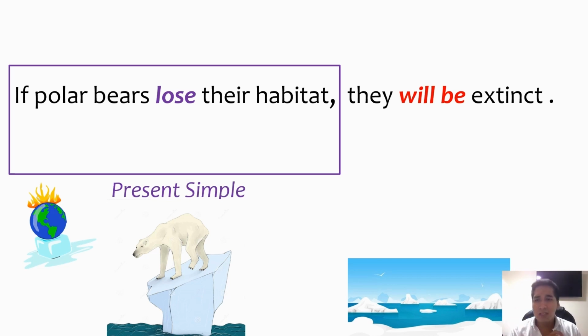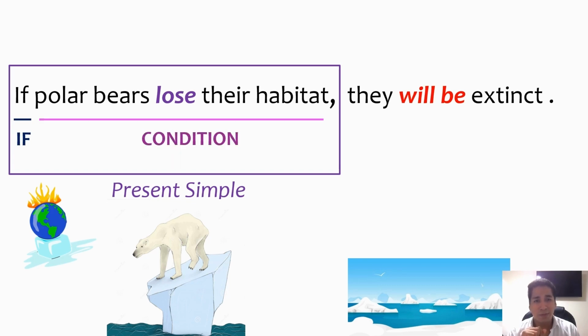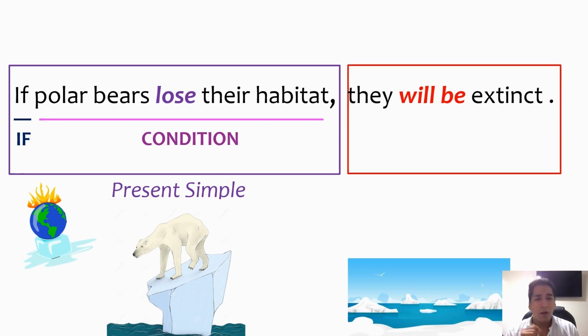Now, let's continue analyzing. In this present simple clause, we have the word if and the condition. Okay. What about the other clause? They will be extinct. What grammar tense are we using here? Are we using the simple past?